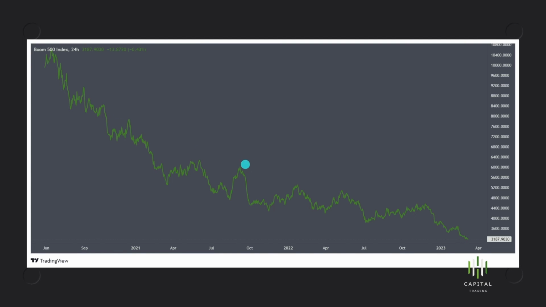It's heavily bearish. So that's the overall trend of Boom 500. So it'd be ideal to trade Boom 500 by looking for shorts or sell setups. With that said, let's identify old lows.